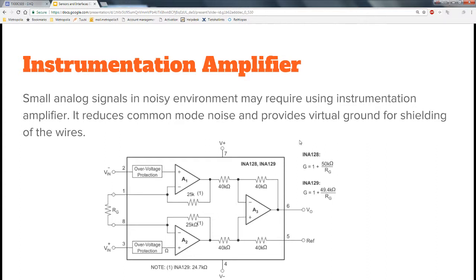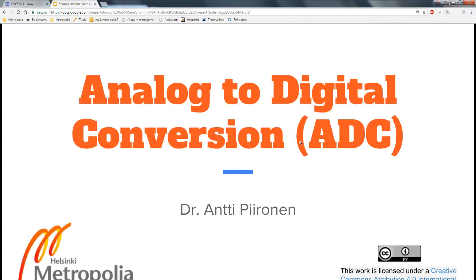Very simple circuit. One single amplifier circuit which does the trick. So basically it's used to reduce the common mode noise and also provides a virtual ground if you also want to have a shielding to this. So you would connect that one to the virtual ground. More about this topic would be in an analog electronics course in an electronics degree program.